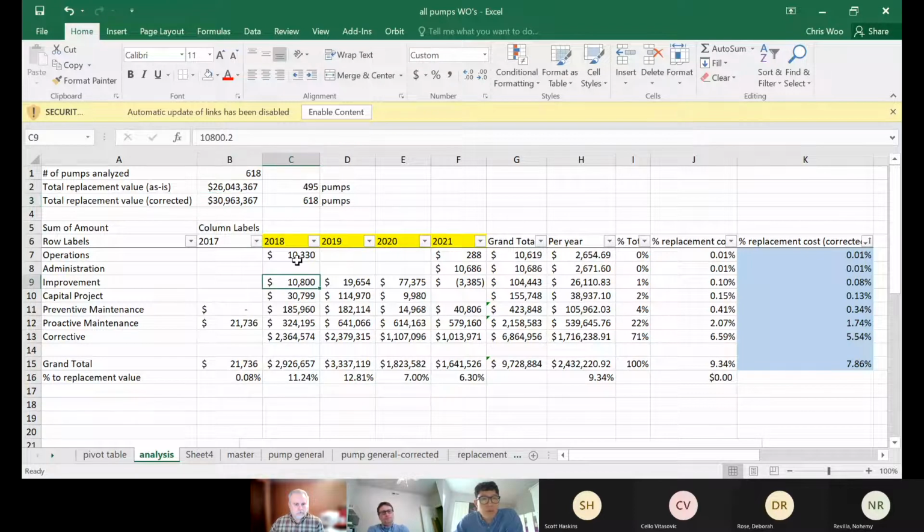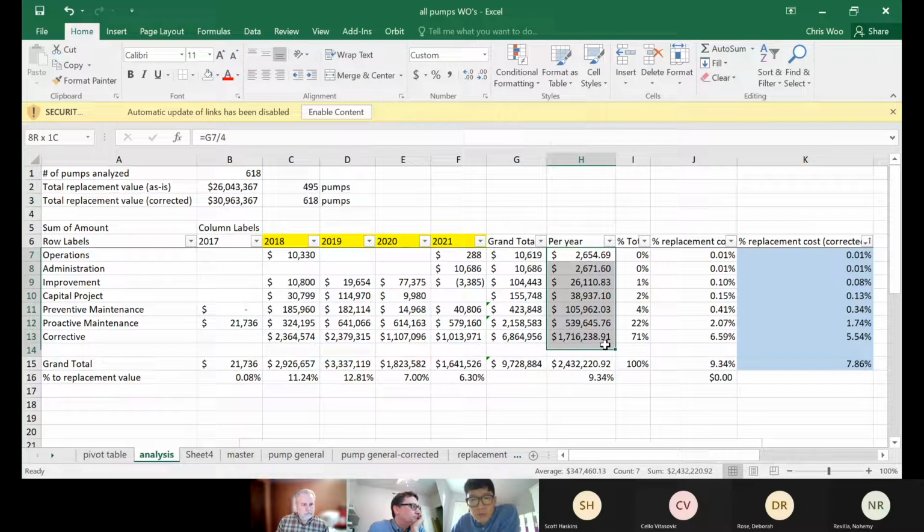For each year, 2017 to 2021, since 2017 doesn't have much data other than proactive, I considered 2018 to 2021, which is a 4-year span, to do the grand total. So we spent about $9.7 million over the 4-year period on the 618 pumps, which translates to about $2 million per year if we divide that by 4.